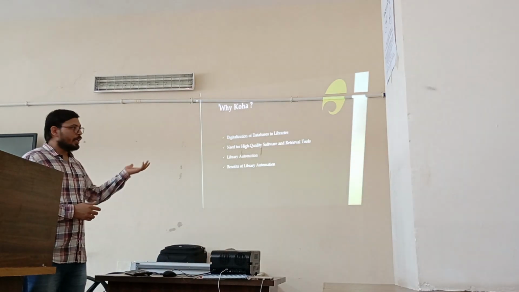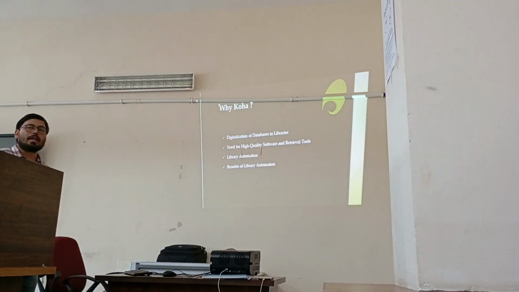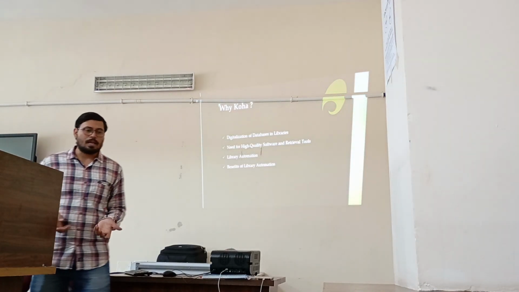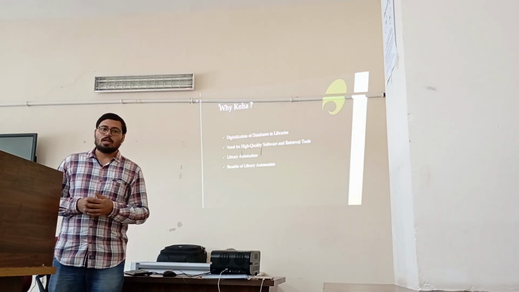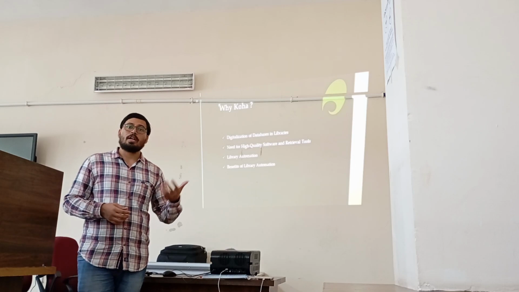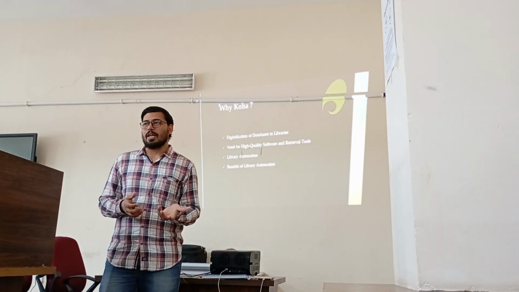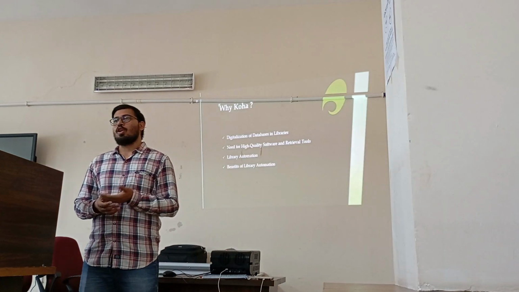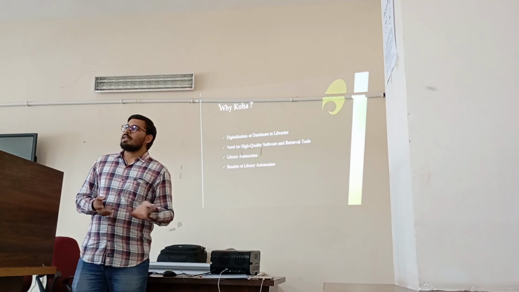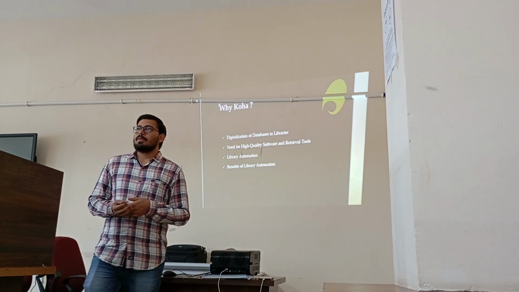So there was a need for high quality software and retrieval tools, where we as librarians are mostly talking about the information retrieval aspects. Ranganathan's fourth law states that save the time of the reader.